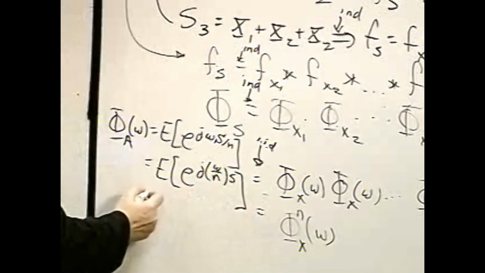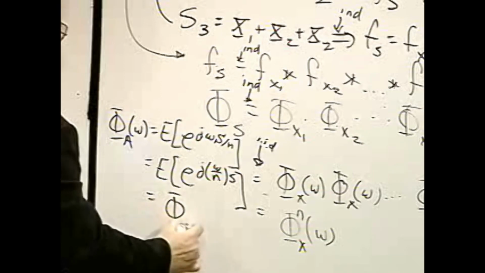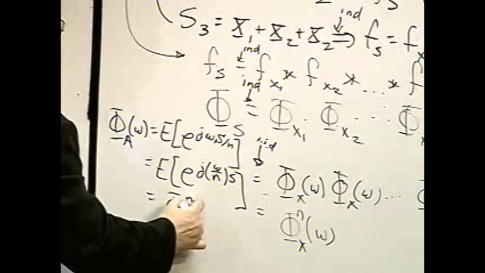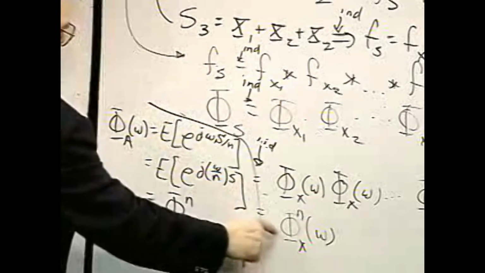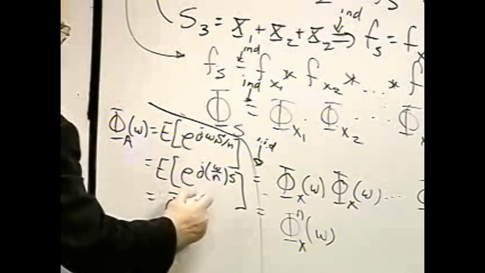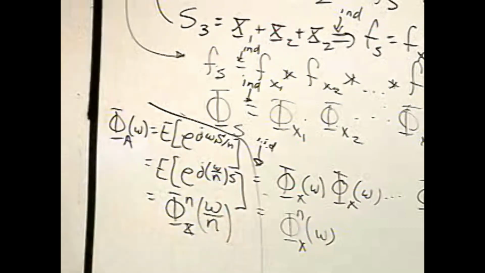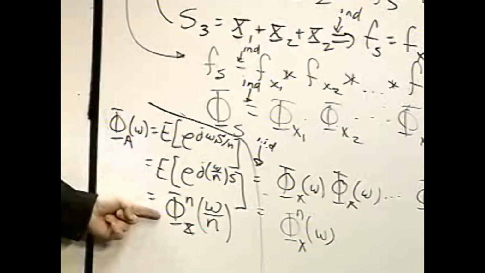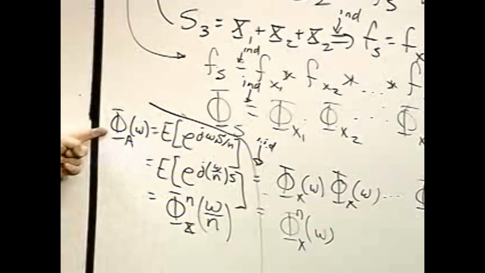Well, we know what this is. We know that this is phi sub x raised to the nth power. It's exactly the same as the characteristic function for the sum, except that instead of omega, we put an omega over n. This, then, is the characteristic function for the average of IID random variables.